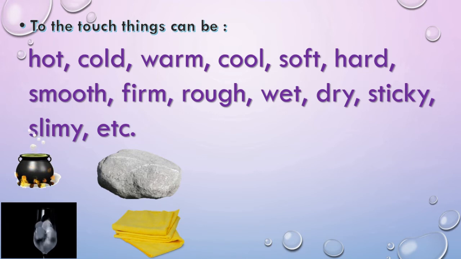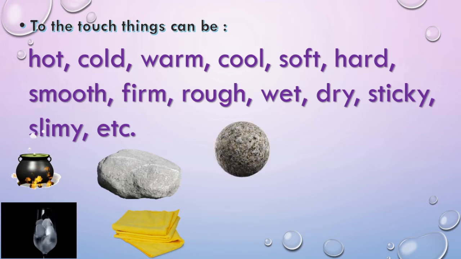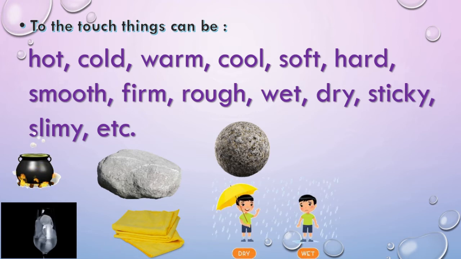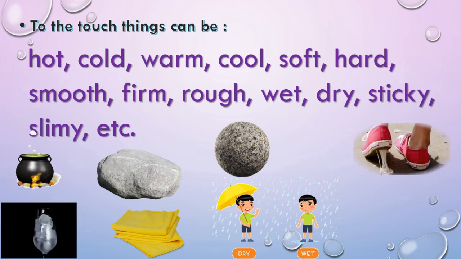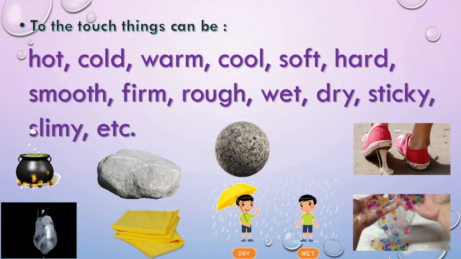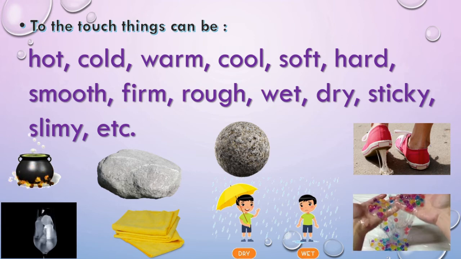This is a firm one, correct? Rough surface. See this, right? Wet and dry. The boy under the umbrella is dry, and in the rain he is wet. Correct? Now see, this is sticky. Bubble gum, chewing gum, sticky. And this is slimy. Right? Got this, children? Like these words you can use for touch, about the feeling.